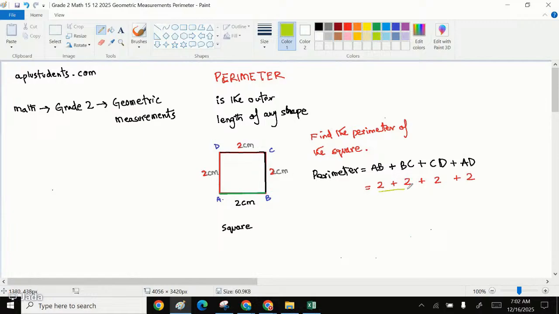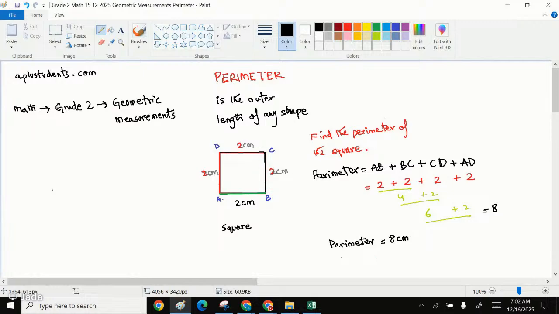We can do it in this manner. This is 4. 4 plus 2 is 6, right? And 6 plus 2 is 8. That means the perimeter is equal to 8 centimeter.